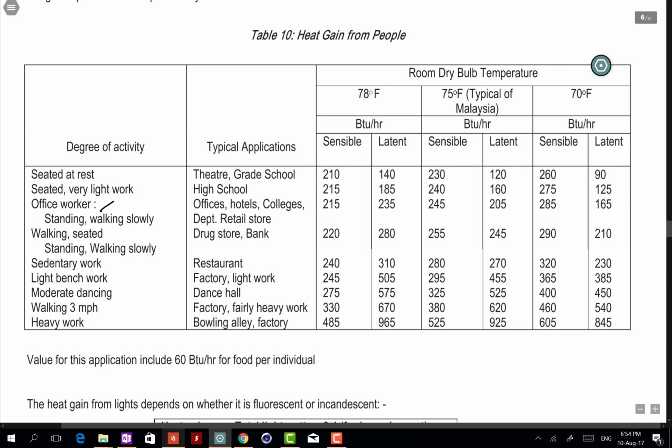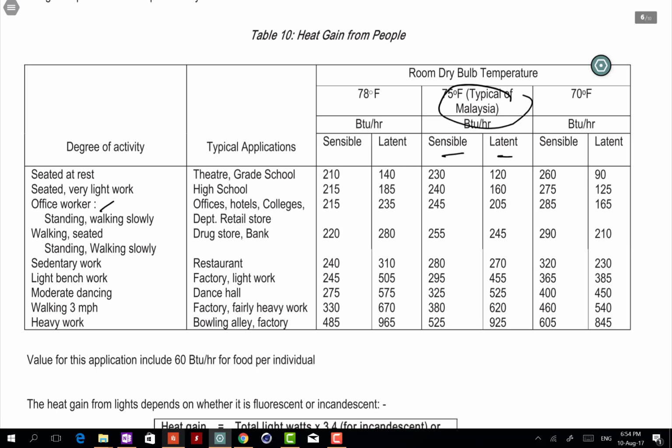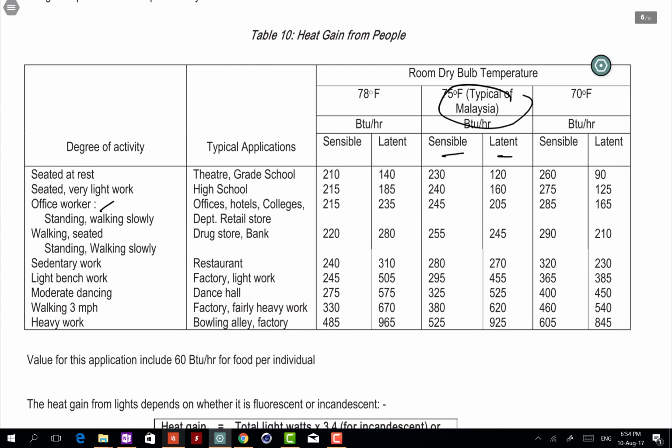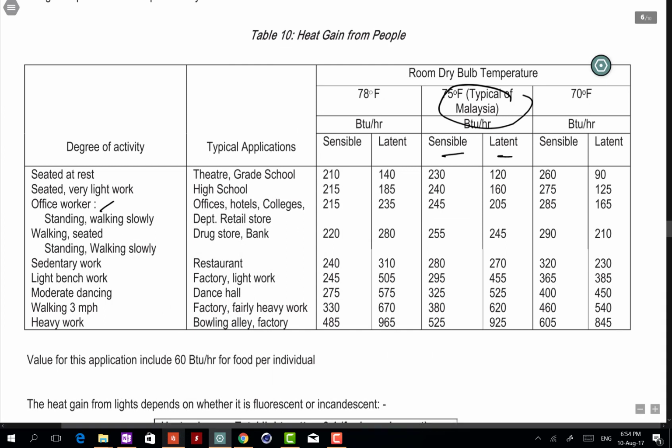The value in Malaysia is divided into sensible and also latent. So in our case, we currently fill up the sensible table. Okay, so for the sensible table, we take value of 245 for office worker. Okay, for latent heat we use 205.